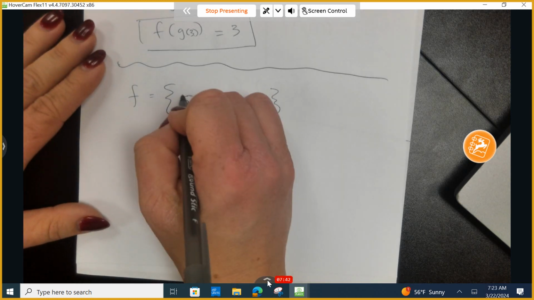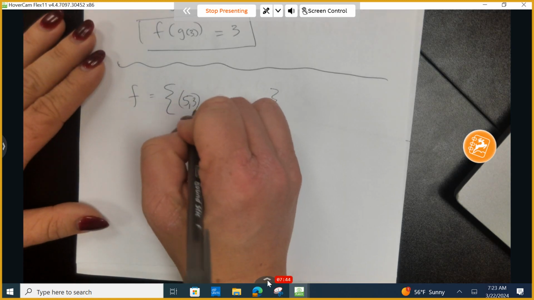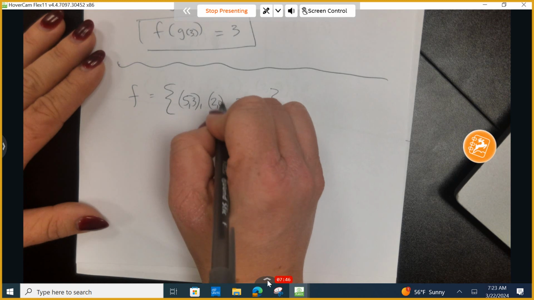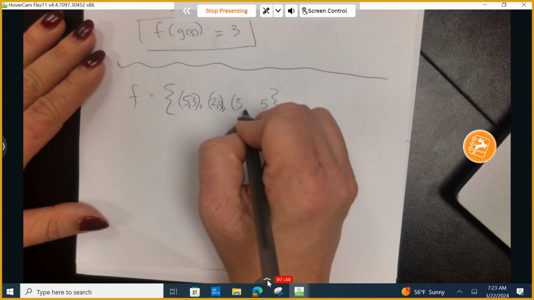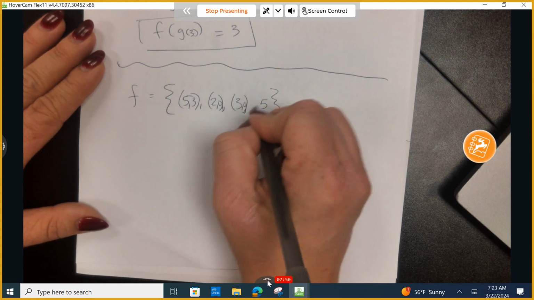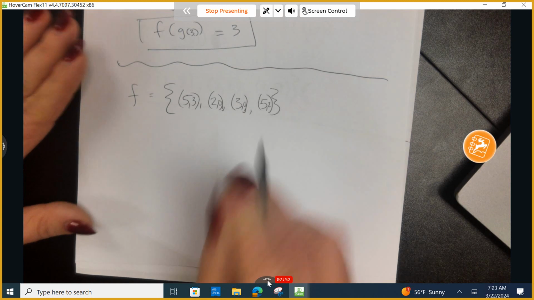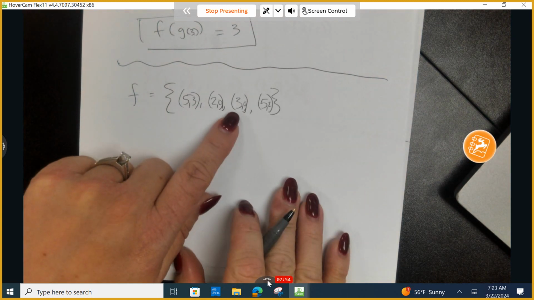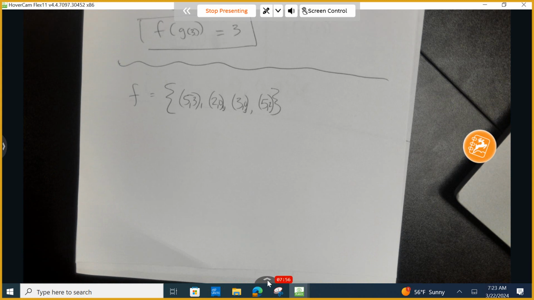Now, let me change this up. So I have 5, 3, 2, 0, 3, 0, and 5, 2. Is this now a function? Okay, why not? Explain to your partner.